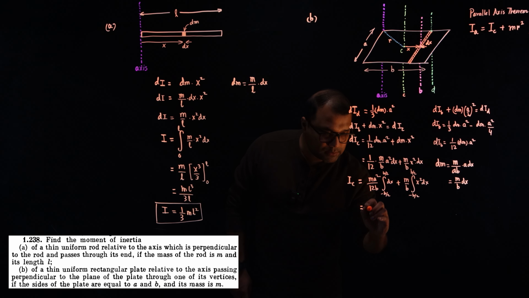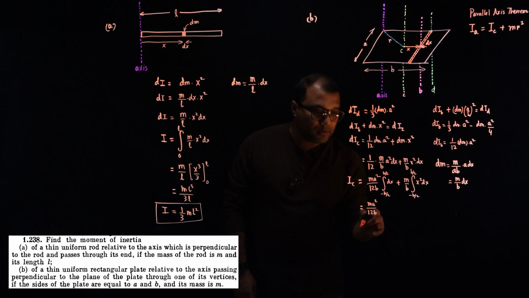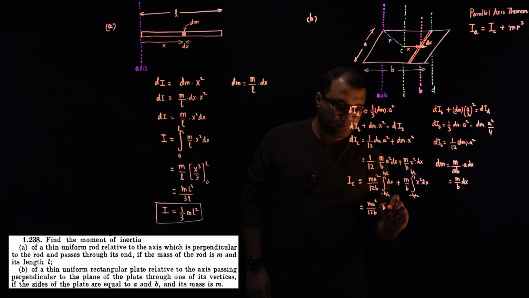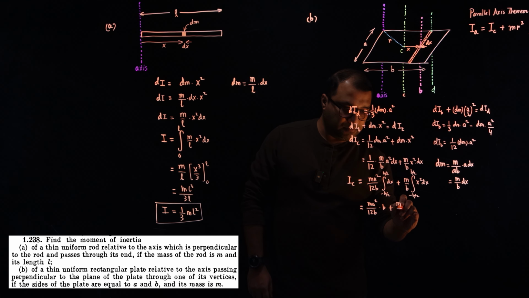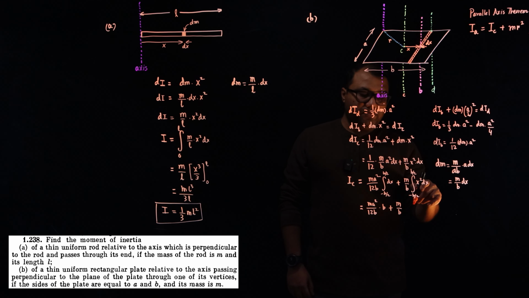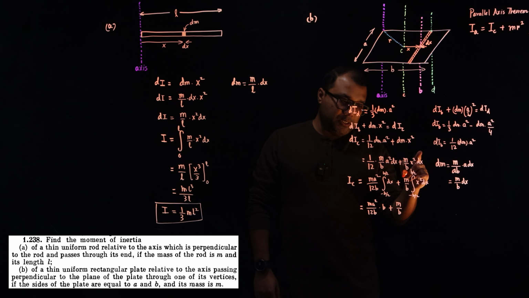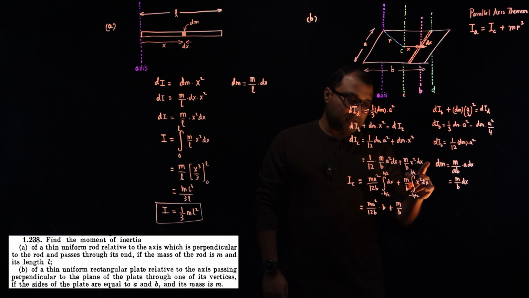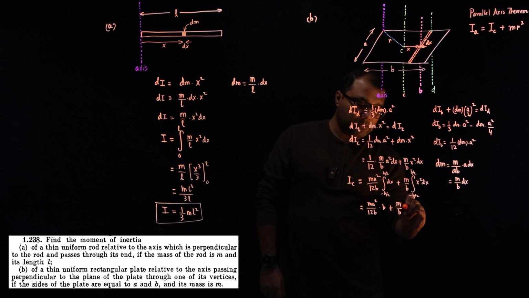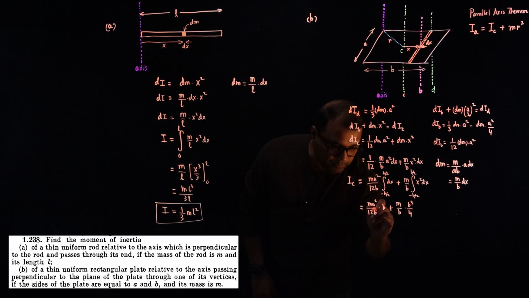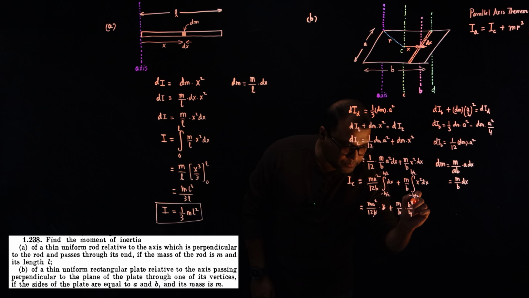Let's quickly evaluate this. So m a square by 12b, b by 2 minus minus b by 2, so plus b, plus m by b x cube by 3, right? So that becomes b cube by 8 plus b cube by 8, so it becomes b cube by 4.